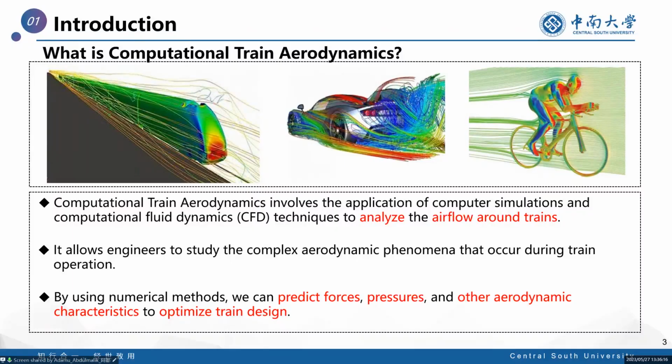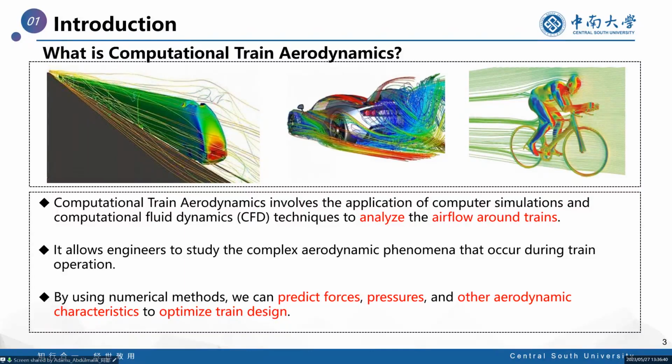Okay, and then we can also analyze the impact, the pressure of air on the train or on the environmental buildings, which are either the buildings or the other structures, and other aerodynamic characteristics to optimize the train design.